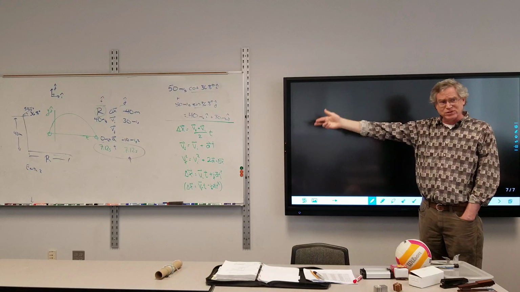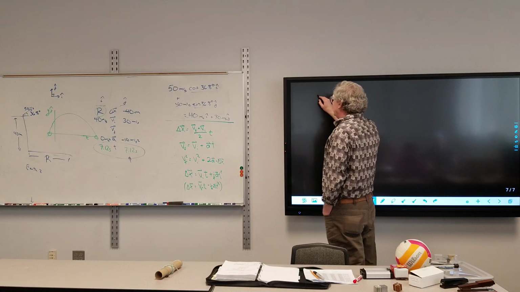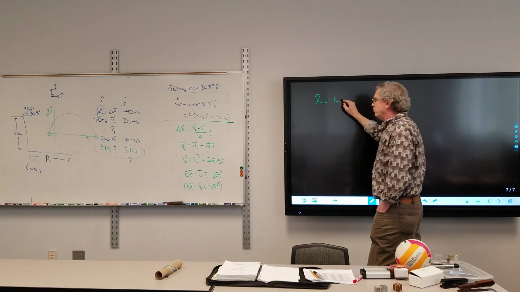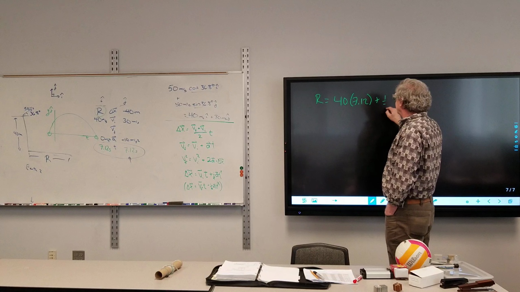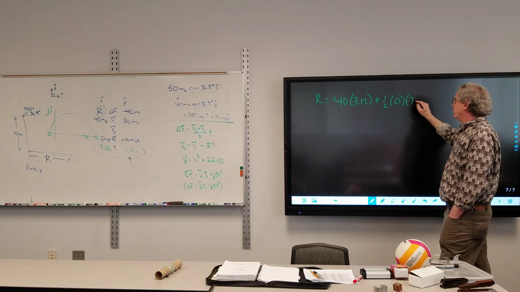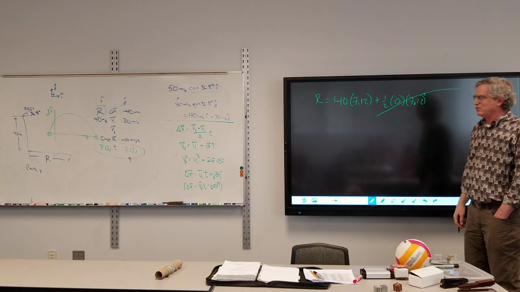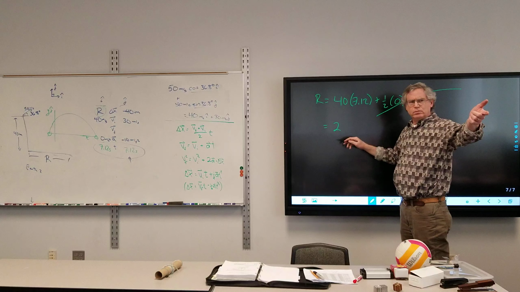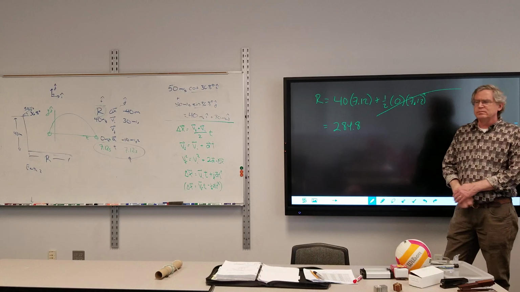The acceleration is the horizontal acceleration, despite what some people might have claimed yesterday. So plugging into that fourth equation, we end up with R is equal to 40 times 7.12 plus 1/2 times 0 times 7.12 squared. That term goes away, just a classic distance equals rate times time kind of problem. And it was 284.8 meters.